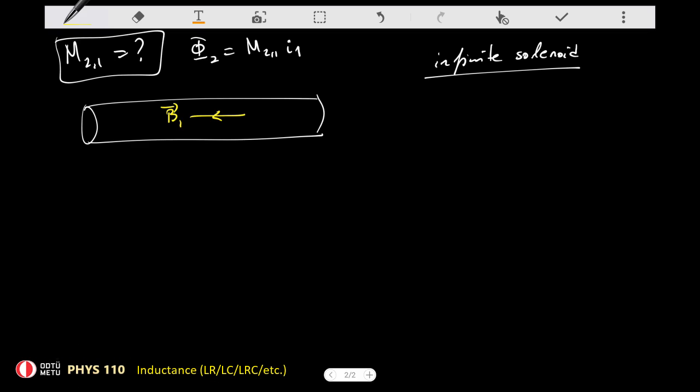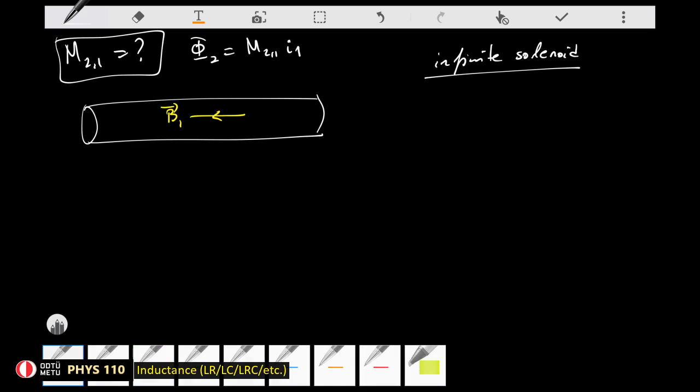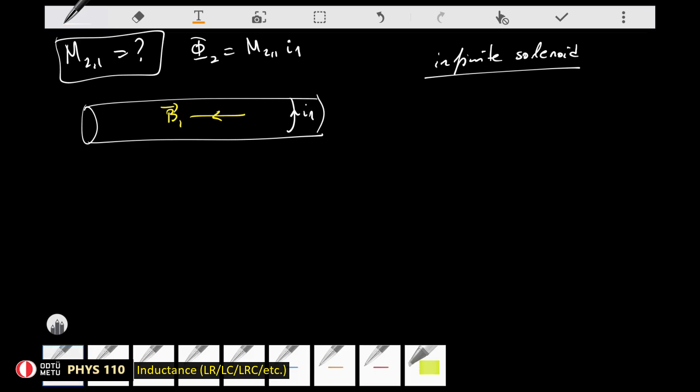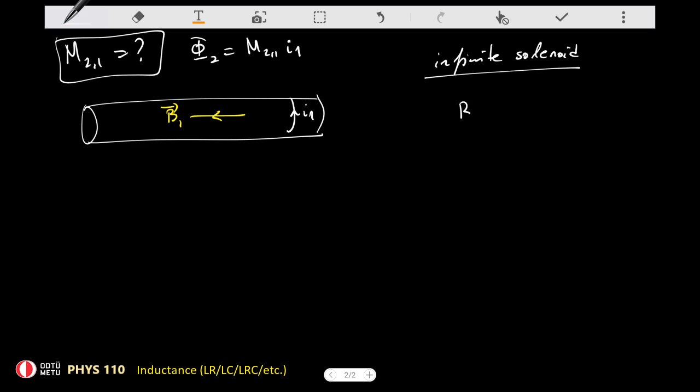The magnetic field inside, let me write it down like that. This is B1, the magnetic field produced by the current I1 in the wire. In that case, the magnetic field inside is equal to mu0 times the number of turns per unit length, little n, as we discussed with Ampere's law, multiplied with the current. So that was the expression.